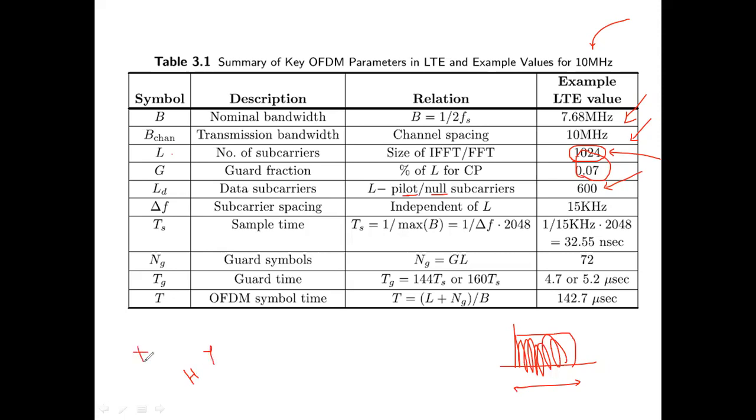Y is equal to X into H; input and channel multiply in the frequency domain. So once you have the output, the input can be recovered by dividing Y by H, right? But who knows this H, by the way?